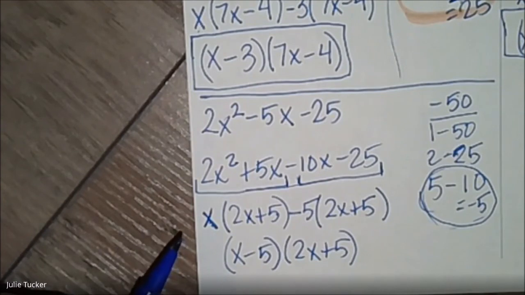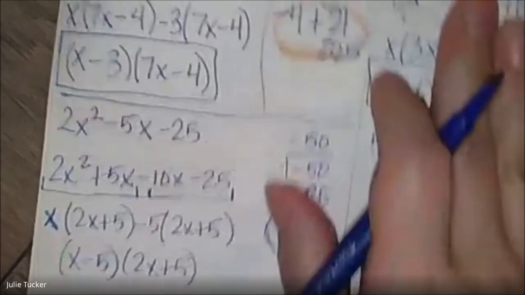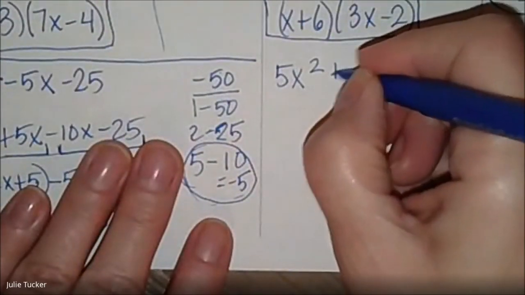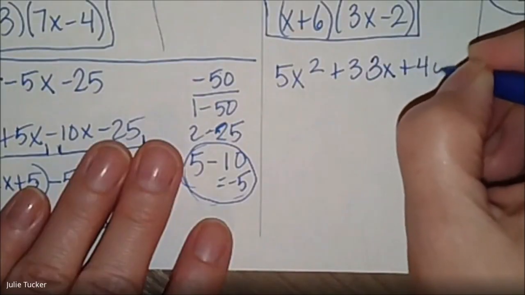All right, let me find one that doesn't have huge numbers. Okay, I think I found one that's going to work for us. 5x squared plus 33x plus 40.